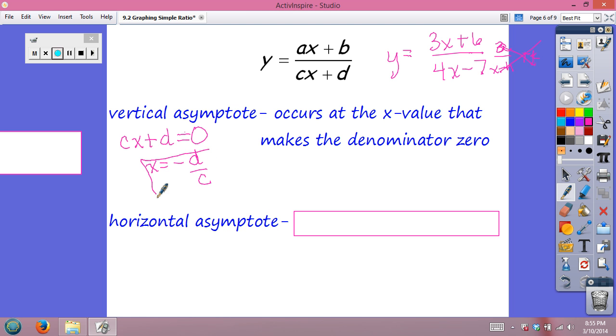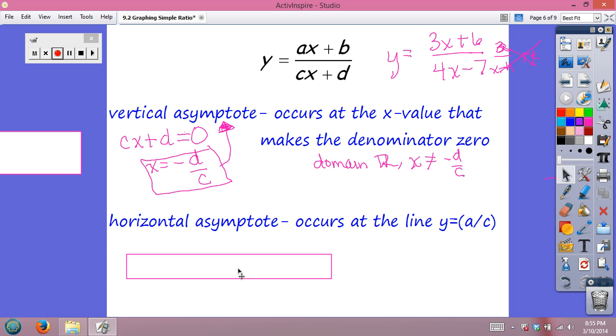So this would be our new vertical asymptote for this form of the graph. And that would give us the domain of all real numbers, but x cannot equal negative d over c. And in this case, it would be positive 7 over 4 as our vertical asymptote.